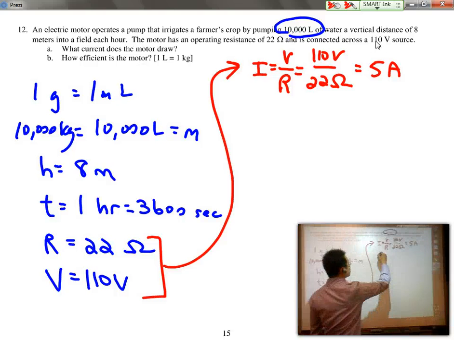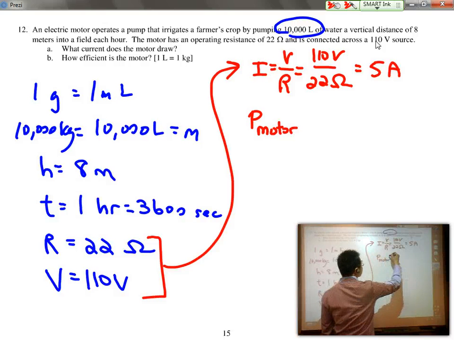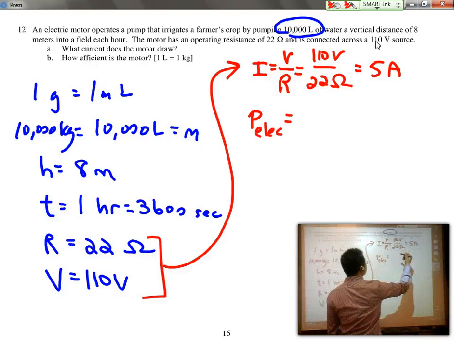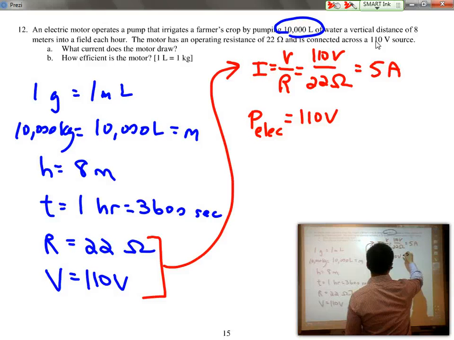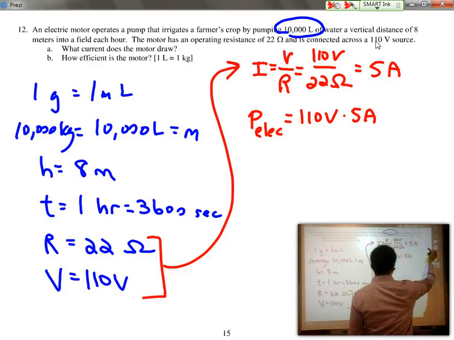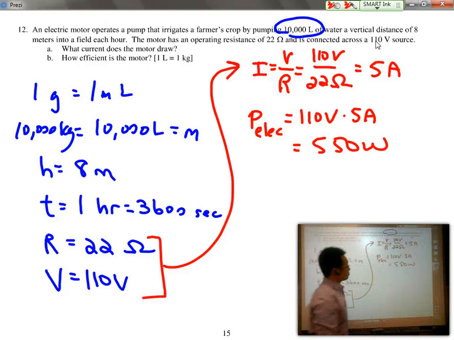And the electrical power is equal to 110 volts times the current of 5 amps, so it's actually equal to 550 watts.